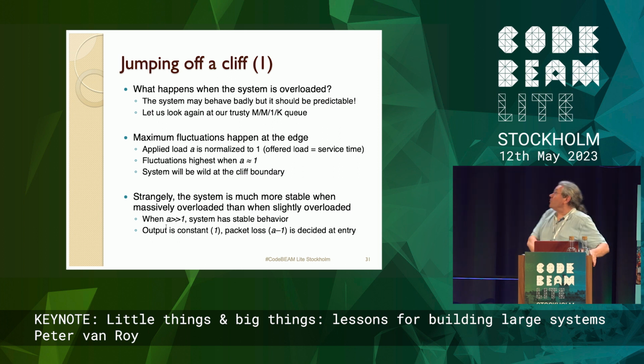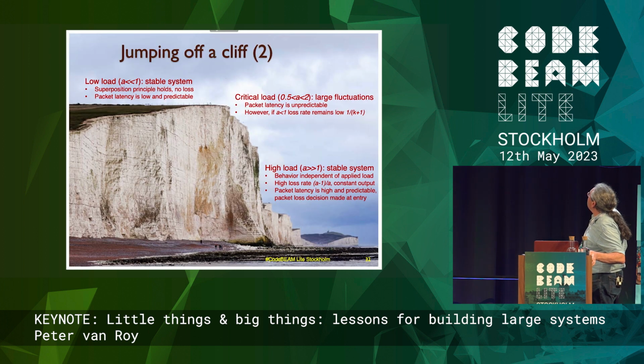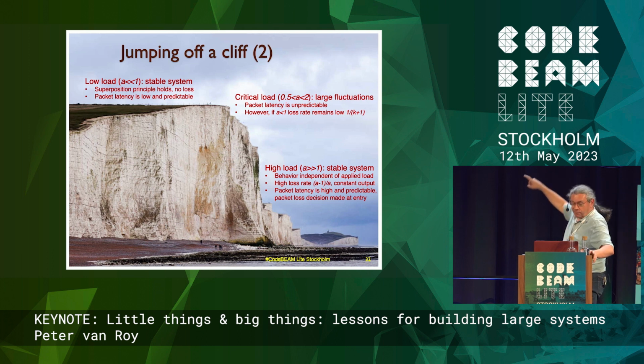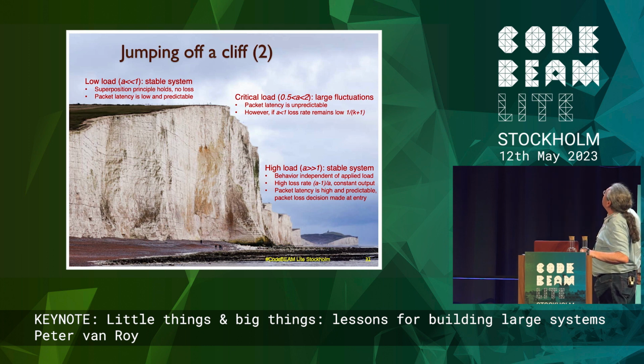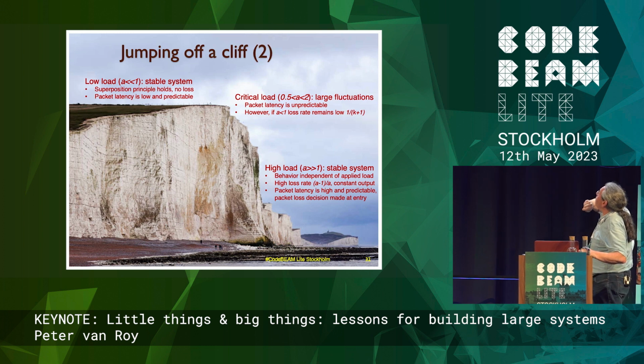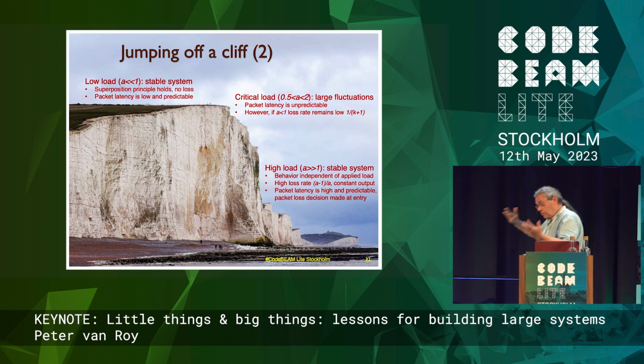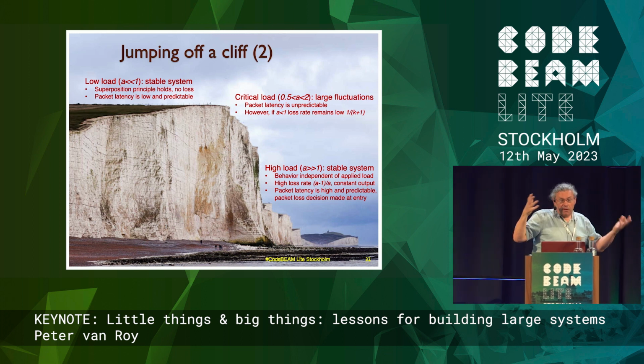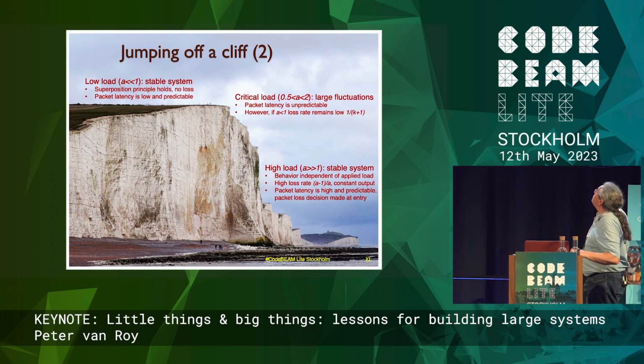So here's the way I like to see it: you have a cliff. This is one of the cliffs of Dover, okay, beautiful cliffs. On the left, you have low load. Your system is stable. You have the superposition principle. Everything is linear. Everything is wonderful. Practical latency is low and predictable. On the high load, you also have a stable system.